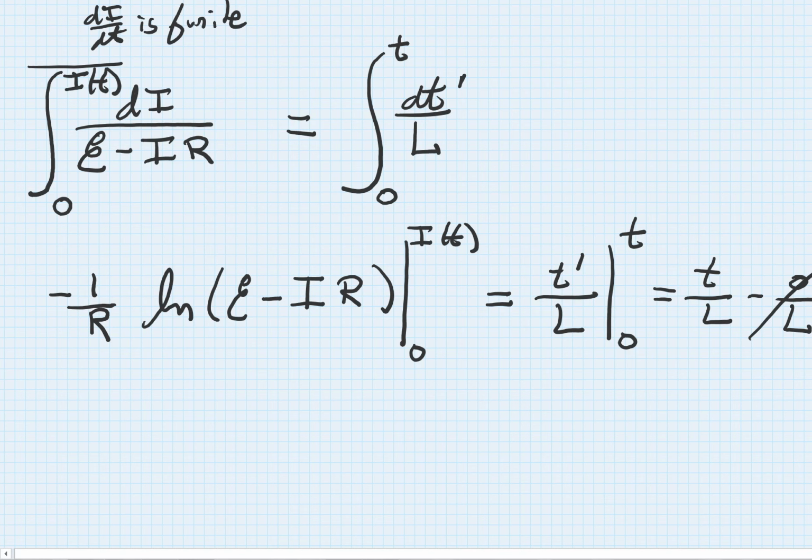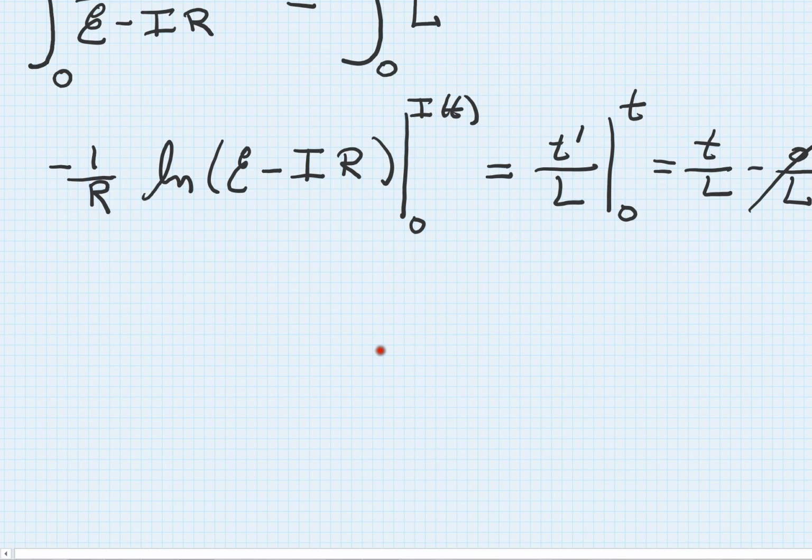Now, for this side of the equation, we can substitute in I and 0. What we will find in this case is that the first term we end up with is going to give me a minus 1 over r.